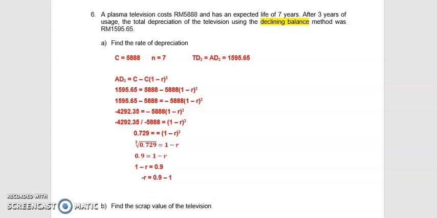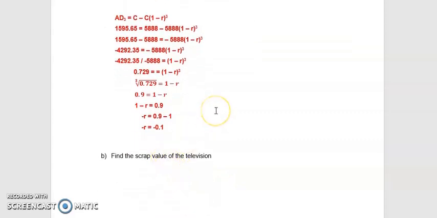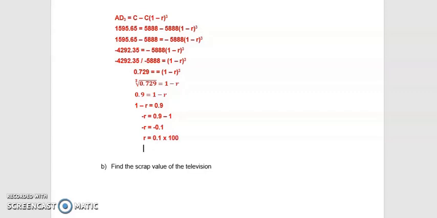So negative R equal to negative 0.1. Negative, later on we will get positive value. So R equal to 0.1, which is also equivalent to 10%. So annual rate of depreciation for this problem is 10%.